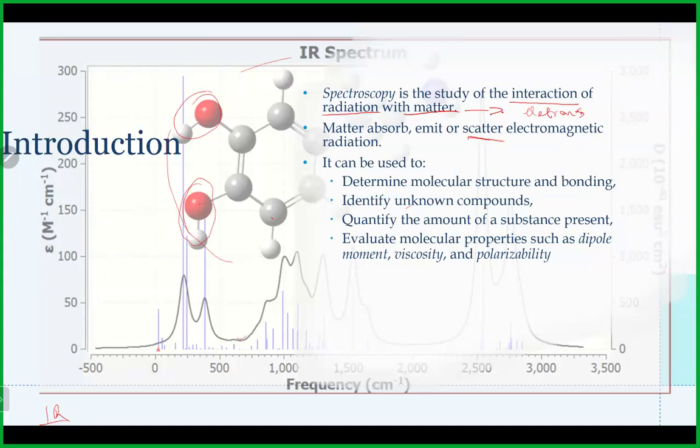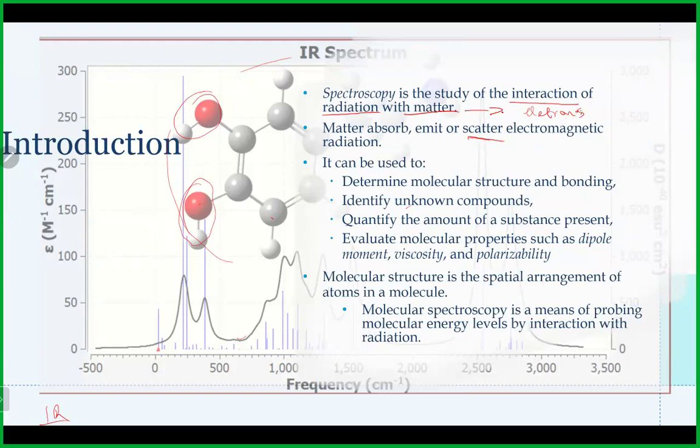So I said that the building block of matter is electron. It's not energy. So the other part of it, why we are interested, not necessarily, but the molecular structure, which is the matter that we are looking at, is the spatial arrangement of how atoms are arranged in a particular molecule, which is what we are interested in knowing.